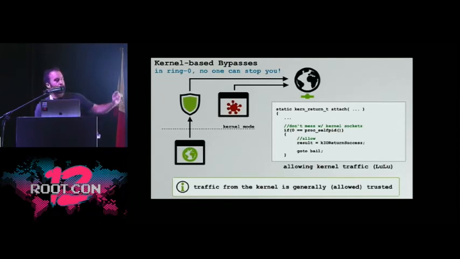For example, if we look at the source code for LuLu, we can see that it fully trusts kernel sockets. This is because it assumes, as do all other firewall products, that if something is executing from the kernel, it's probably something from the system, so it should not be blocked. Because if you're blocking kernel sockets, potentially you can break all sorts of legitimate functionality of the operating system.